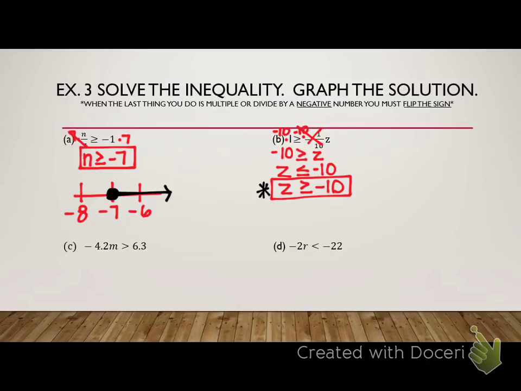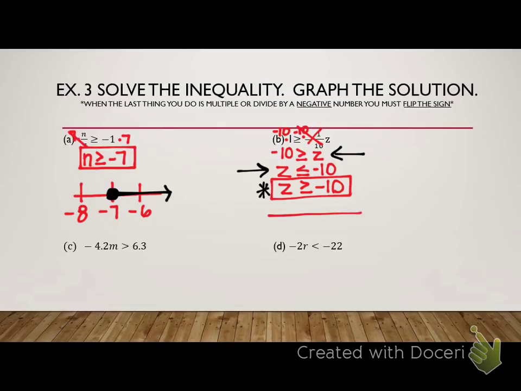So right here, it was z is less than or equal to -10. So I rewrote that. All I did here is rewrite what was already there. Then I asked myself the question, do I need to flip the sign? And I did. So I flipped it, and my final answer became z is greater than or equal to -10.